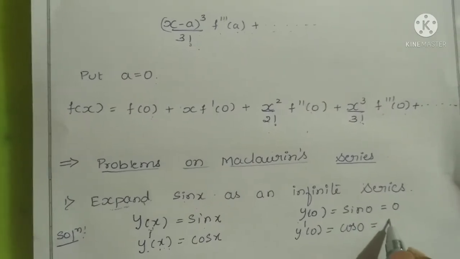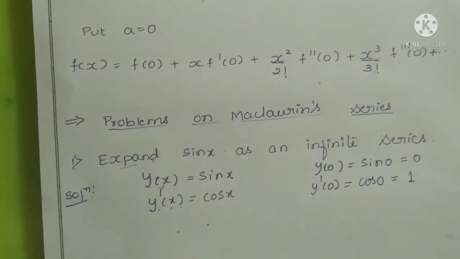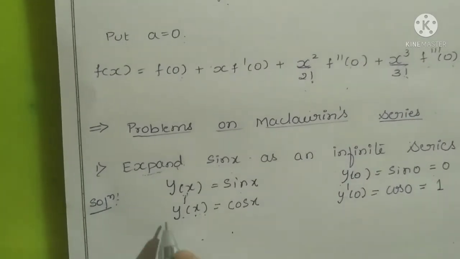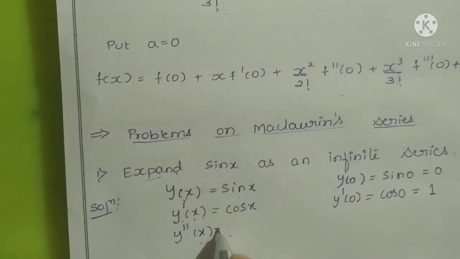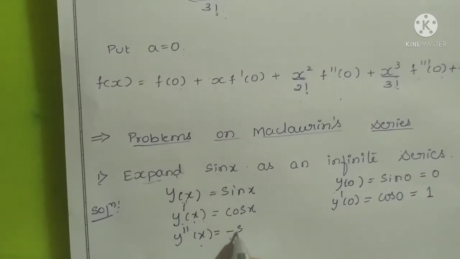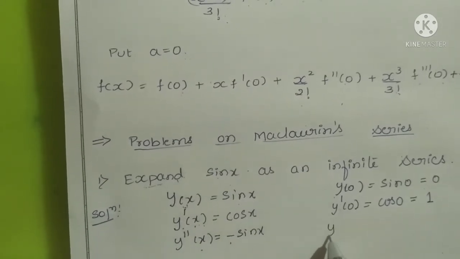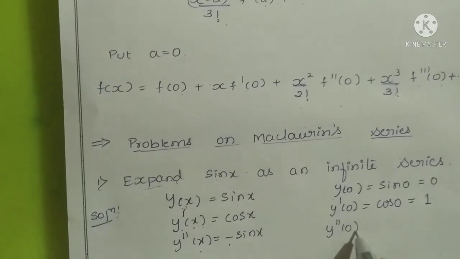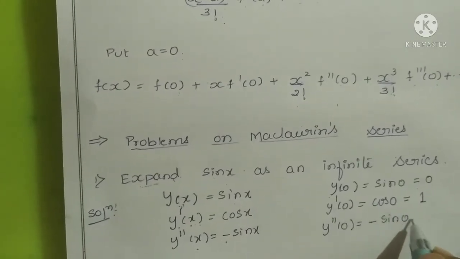Cos 0 is 1. Again y dash of x should be further differentiated. The differentiation of y dash of x is y double dash of x. Cos x differentiation is minus sin x. So y double dash of 0 is minus sin 0, which is 0.